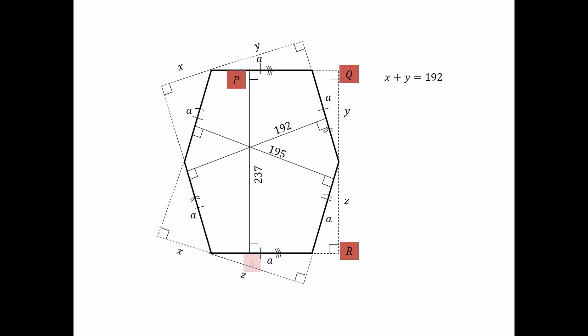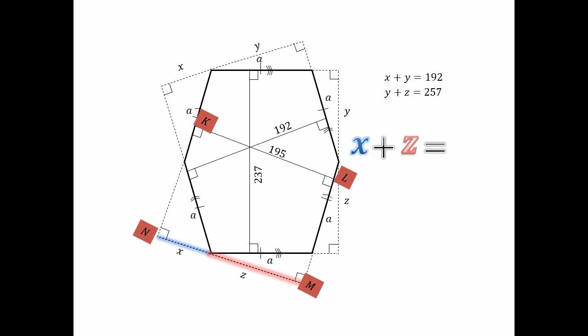Similarly, PQRS also becomes a rectangle, and Y plus Z is equal to 237, isn't it? Thirdly, KLMN becomes a rectangle, and X plus Z is equal to 195.